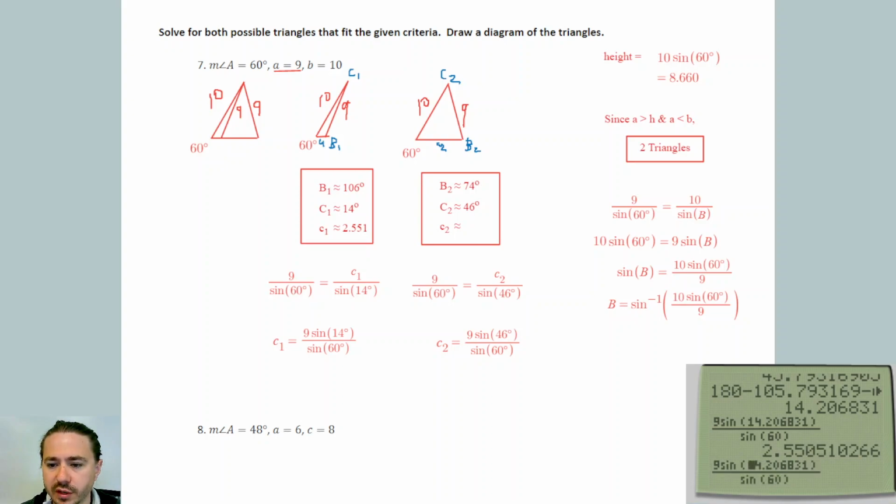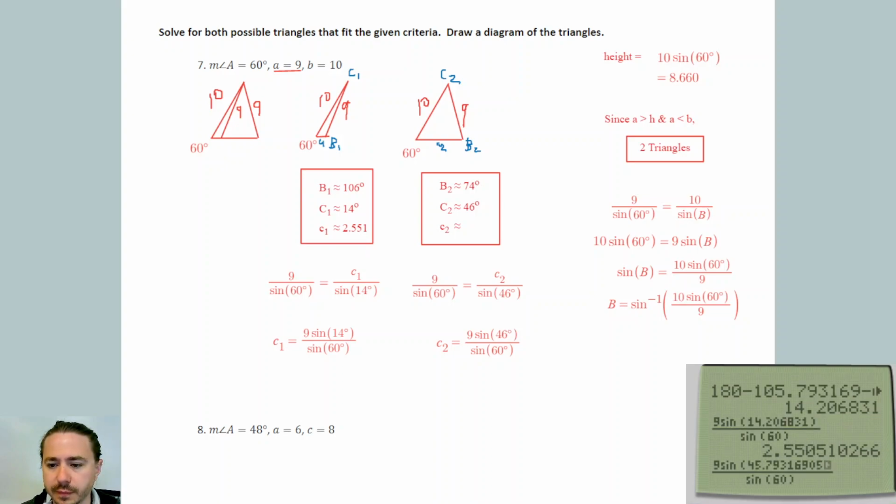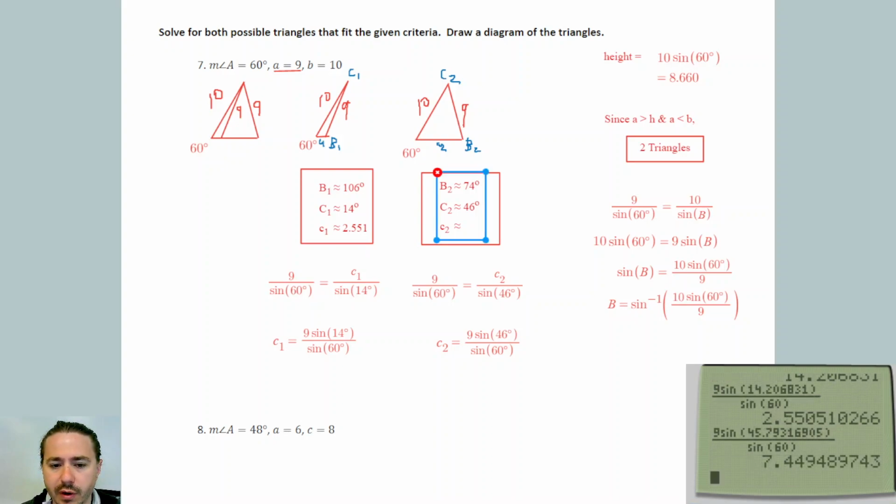And just like with this one, 46 is fine, but your rounding is going to be a little off if you use the rounded version. So let's get as close as we can and use this version right here. Okay, so we'll type that in, and we get approximately 7.449.